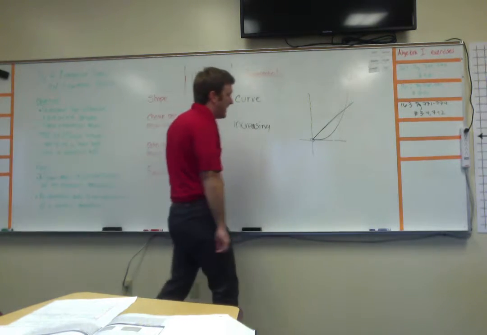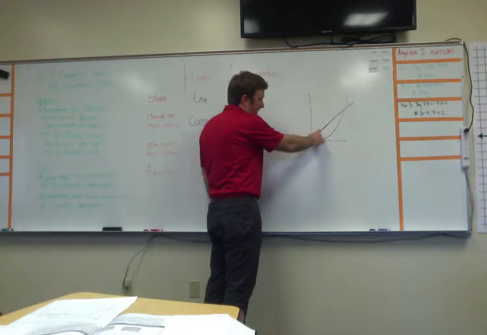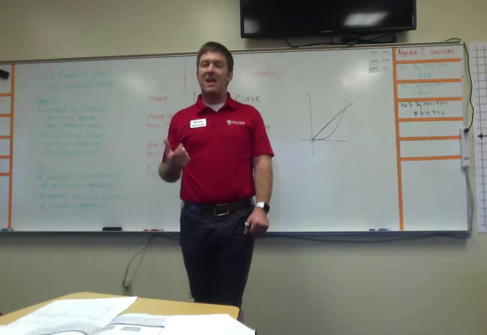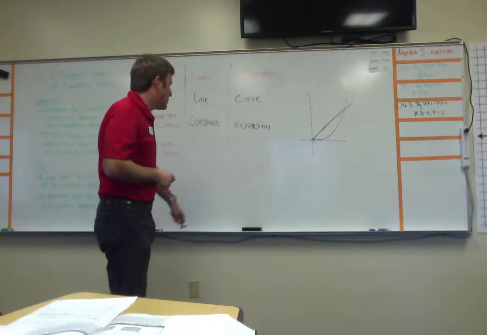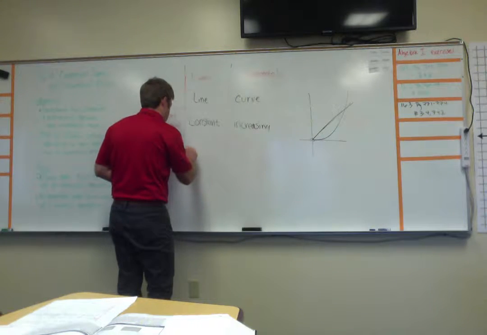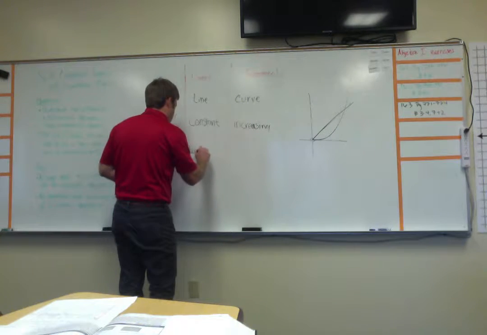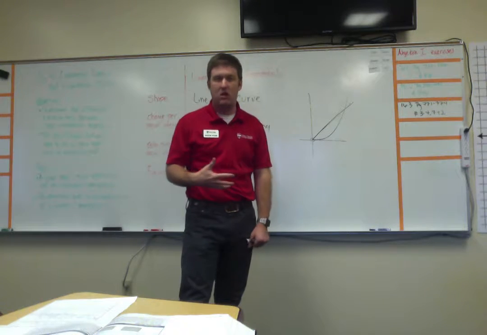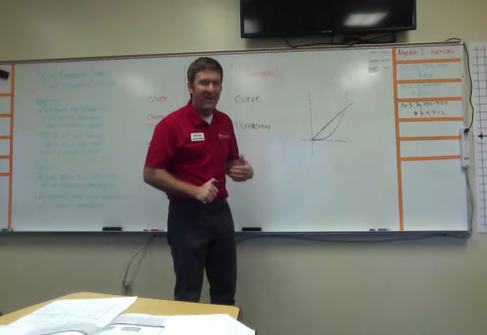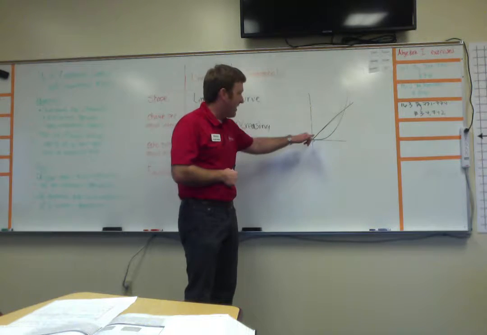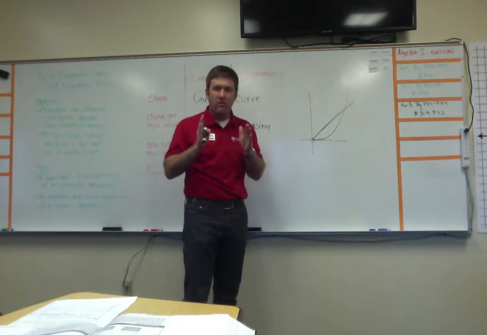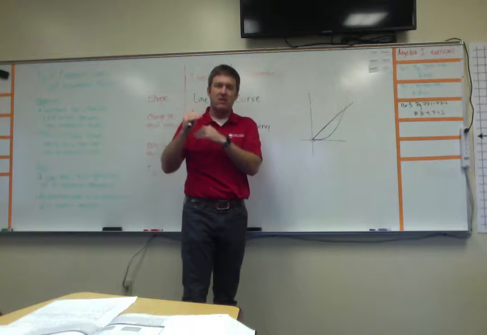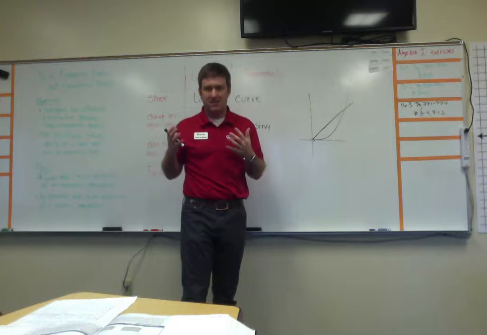So if I take this value divided by the value before it over a particular interval, on a line, that number is going to decrease. So let's say the slope is 3, like we were talking about before, right? If I take the change and divide by the starting value over a certain interval at the beginning of the line, that change is 3, I divide by a small number, I get something.